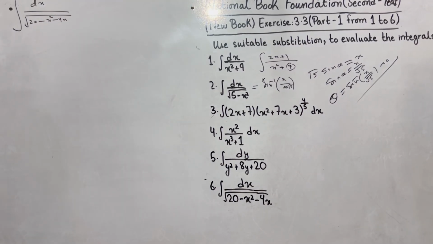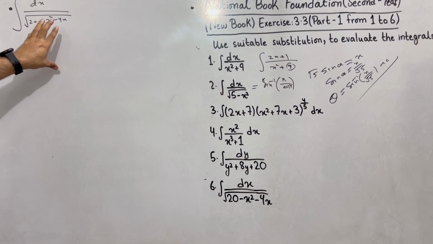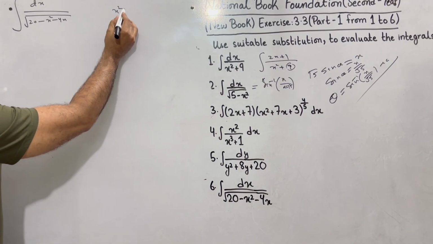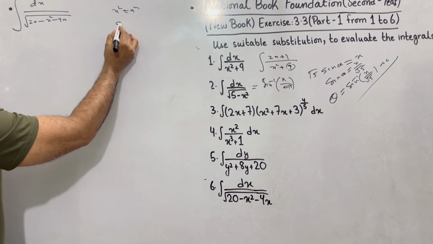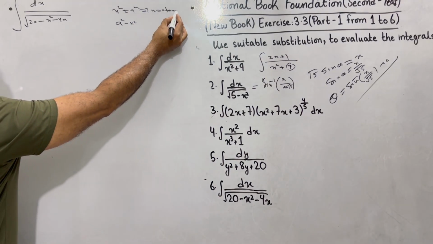Look, it is not the case of function and differentiation. Just make this one a perfect square quantity. Then it will take the shape of either a magic substitution for sine, tan or sec. That's the case for tan: x is equal to a tan theta.